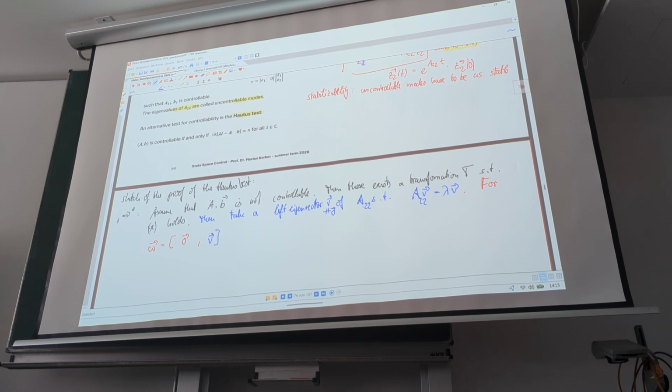It can be a left eigenvector or a right eigenvector, whatever, let's use a left eigenvector. So I make this a left eigenvector, v transpose A22 equals lambda v transpose, multiplied from the left.